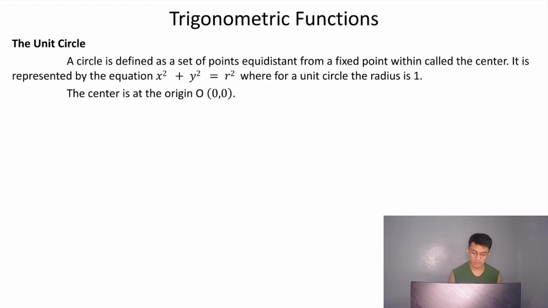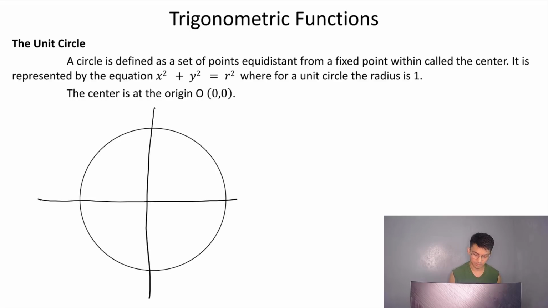Now, we see this figure, the circle, and this is our x and y. Ayan. Now, initially, this is our radius, this is our center O, with (0, 0).